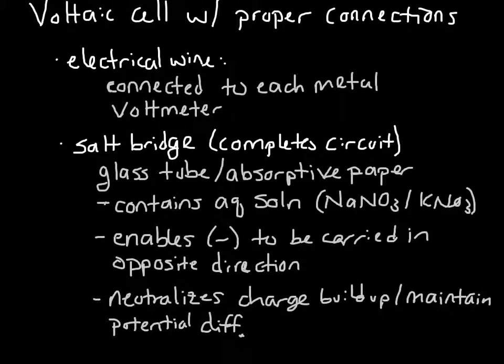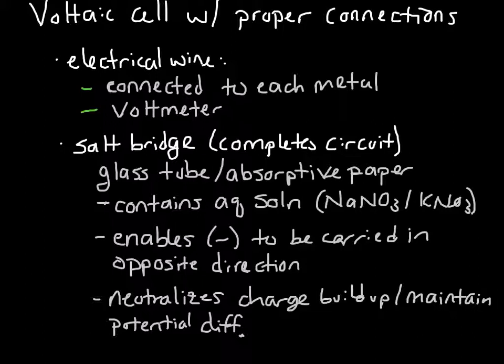That means that external wire needs to be connected to each metal, and ideally, we want to have a voltmeter connected to that electrical wire so we can read how much voltage is going through this process, and we can determine how much electricity to get from that reaction, and then of course that ties to all the industrial processes that could occur.